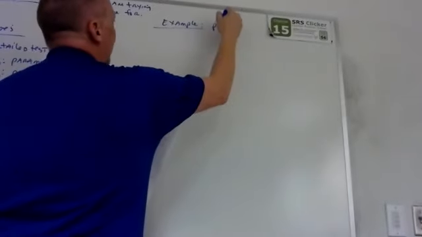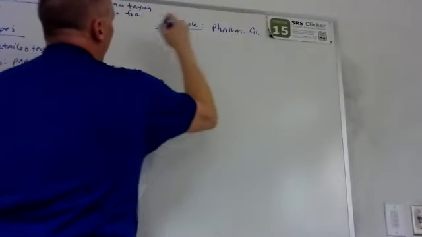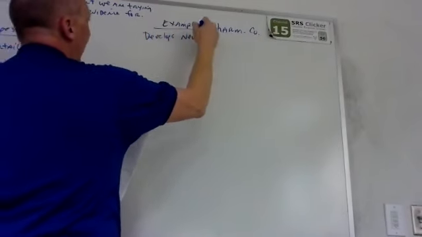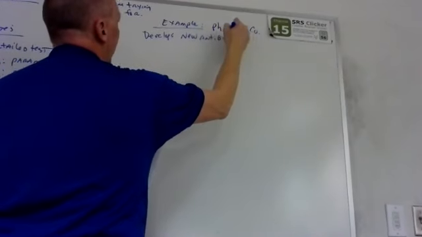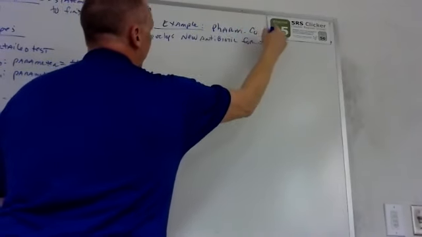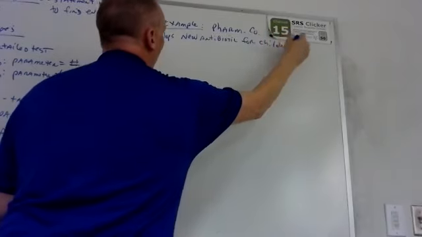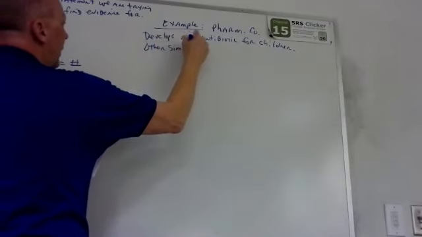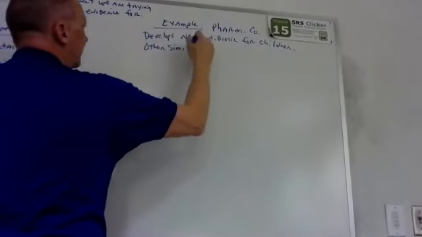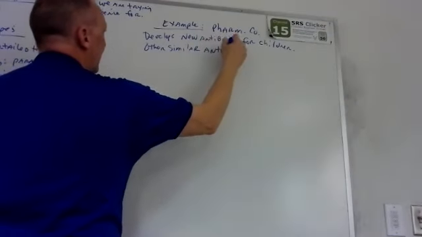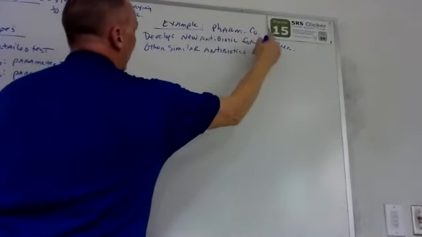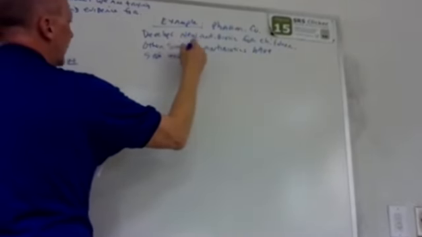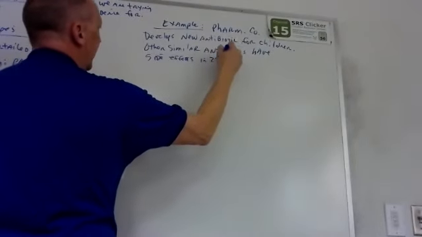All right. Let's say that a pharmaceutical company develops a new antibiotic for children. Other similar antibiotics have side effects in 2% of children.